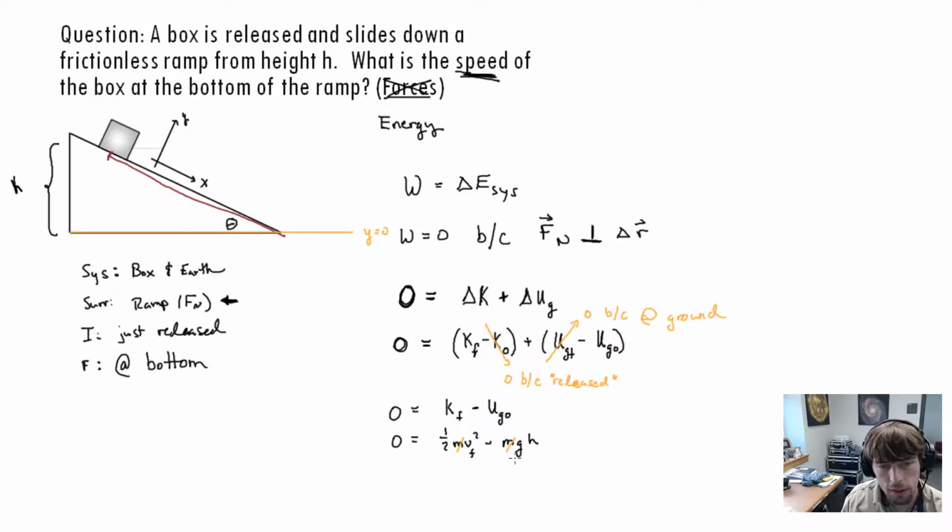And you can see it now. If I take this gh and move it to the other side, multiply by 2, I get an expression for my final speed. Square rooting, I get v final equals the square root of 2gh.